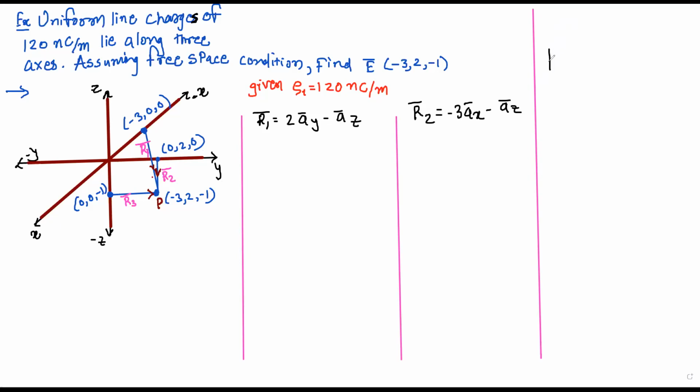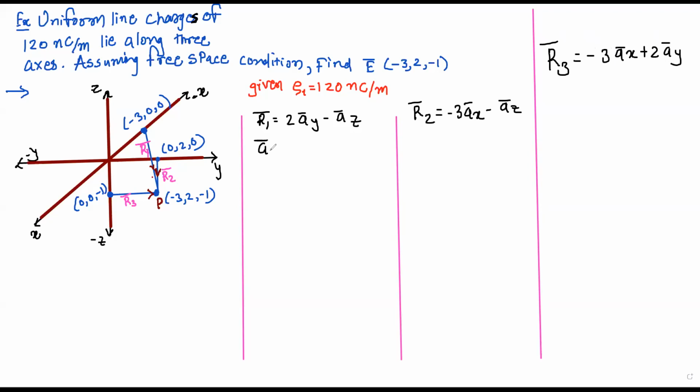And vector R3 is -3 a bar x plus 2 a bar y. Is it correct? Yes, sir. Okay, now we have to find the unit vectors as well.